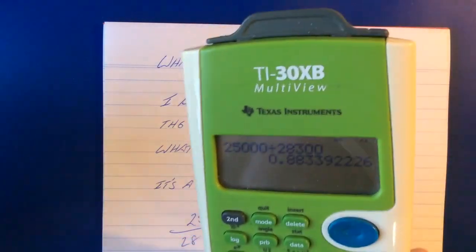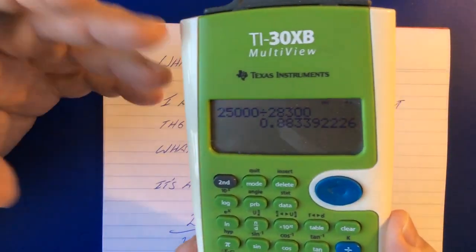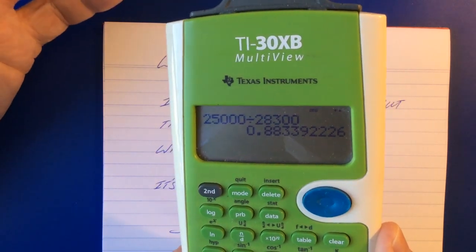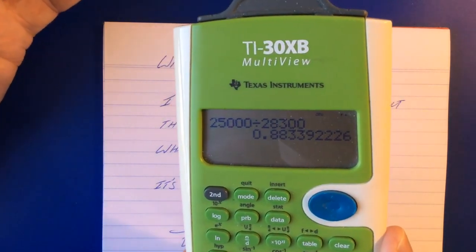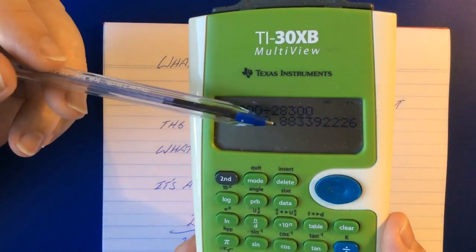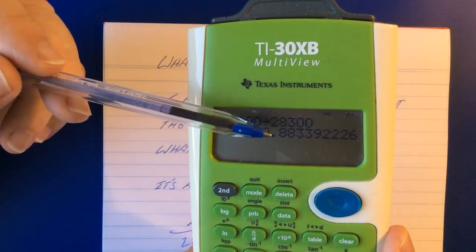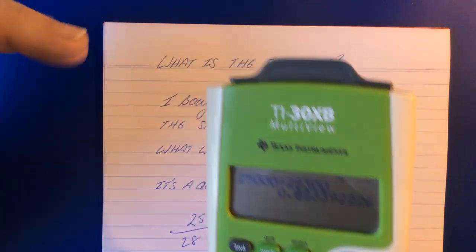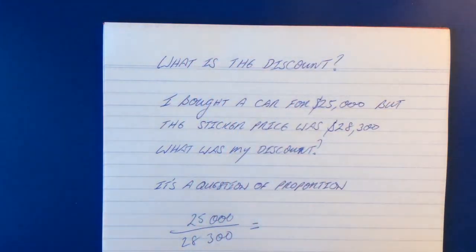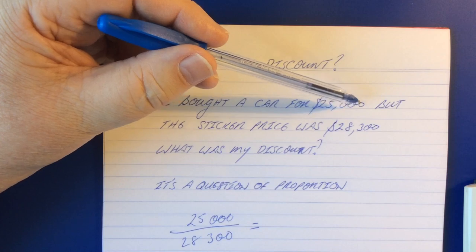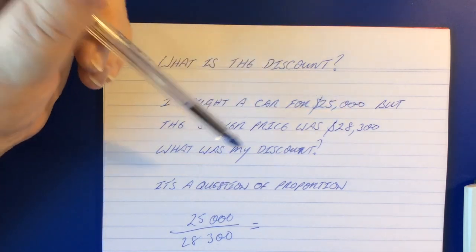We get this, which I would round probably to 88.3%, something like that. But we're going to retain as many of these decimal points as we can, because otherwise we'll probably wind up paying a little bit more than 25,000 by $10 or $15.